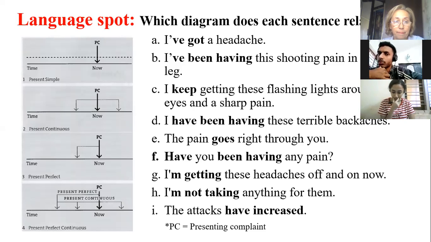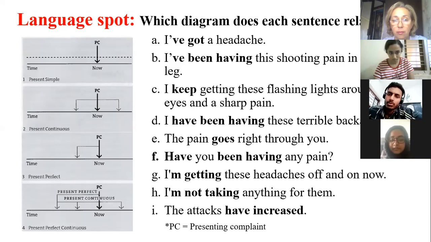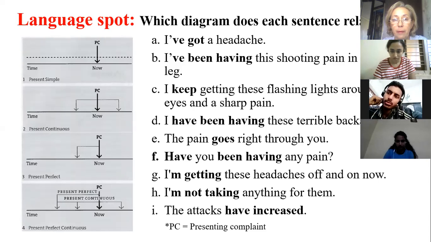It's past tense. Does everyone agree that this is a past tense? No, ma'am. Sorry, ma'am. It's present, ma'am. Present. Yes. Present simple, present continuous, present perfect, or present perfect continuous? Which tense is it? It's not continuous.